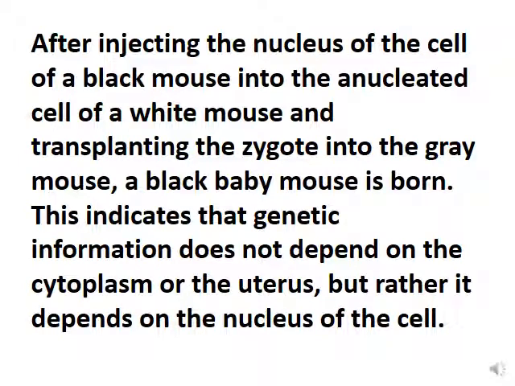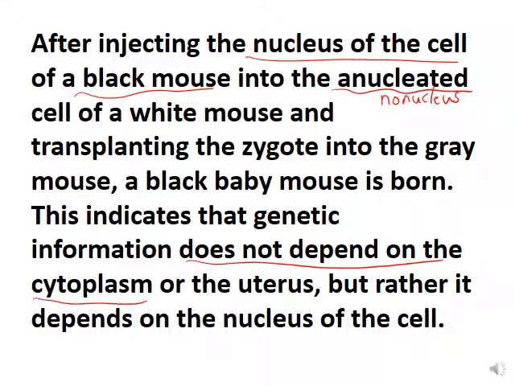After injecting the nucleus of the cell of the black mouse into the anucleated cell of the white mouse, what is the meaning of anucleated? Without a nucleus. Then they transplanted the zygote into the gray mouse, and a black baby mouse is born. What does this indicate? This indicates that genetic information does not depend on the cytoplasm or the uterus, but rather on the nucleus.